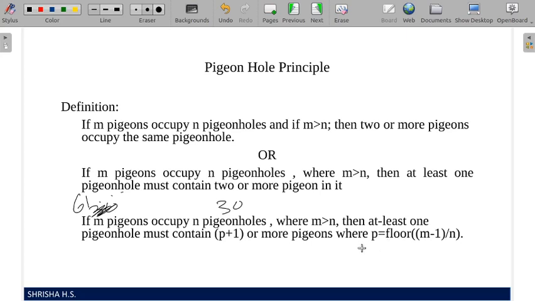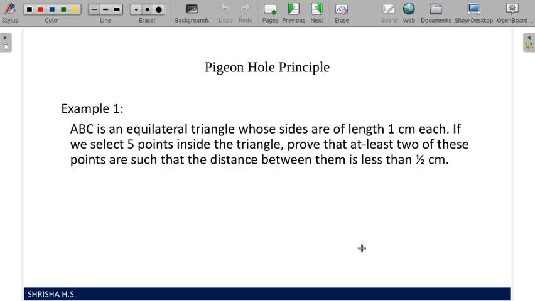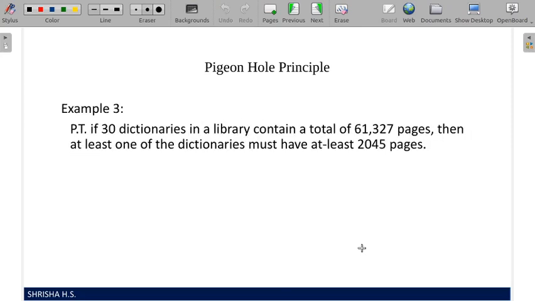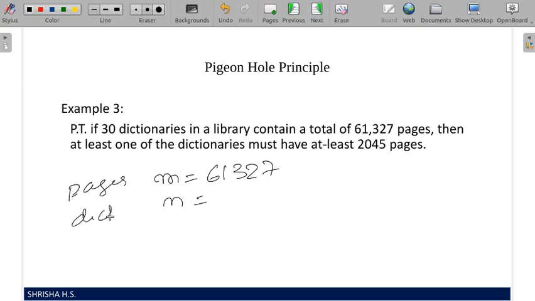Let's calculate what p is, and then we will continue. We know m. How many pigeons are there? 61,327. What is n? The pages are the pigeons, and the dictionaries are the pigeon nests.